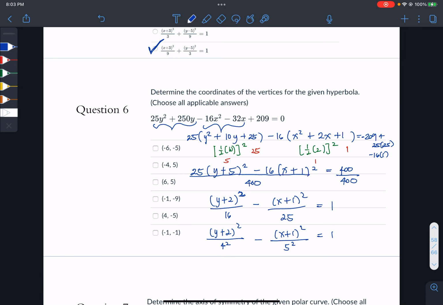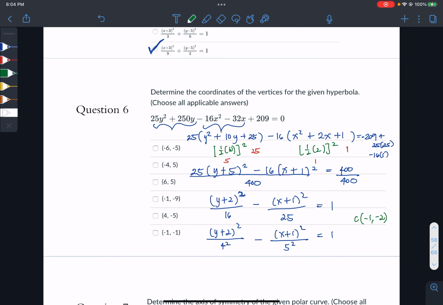So, ngayon, ang sentro nito is nandun sa center. So, the center is at, ang x natin is negative 1, ang y natin is negative 5.